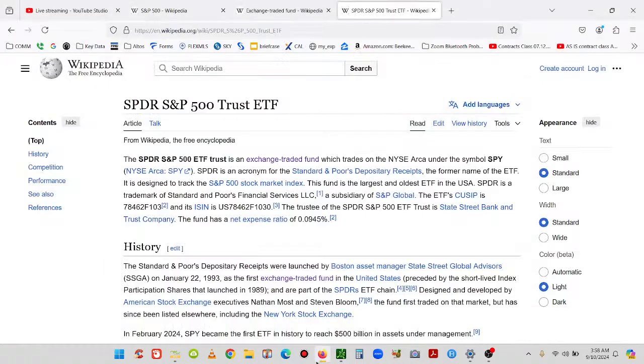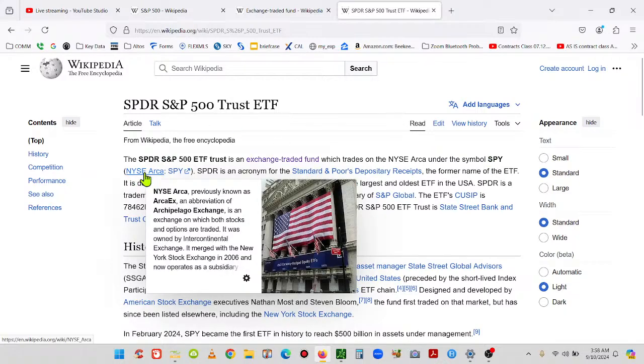Go back. The SPDR S&P 500 ETF Trust is an exchange-traded fund which trades on the NYSE ARCA under the symbol SPY. Oh, okay, here we are.